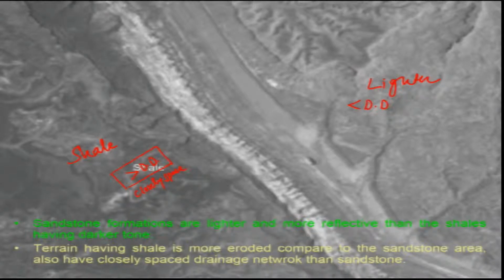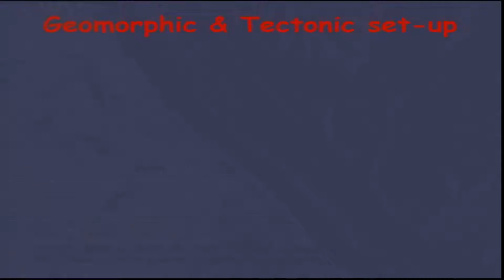Okay. So, this is a very important aspect where we have used different parameters, as I told, that we use the tonal variations, we use the drainage, which can help you in identifying the different terrain. Okay. So, one side is shale and another is your sandstone.